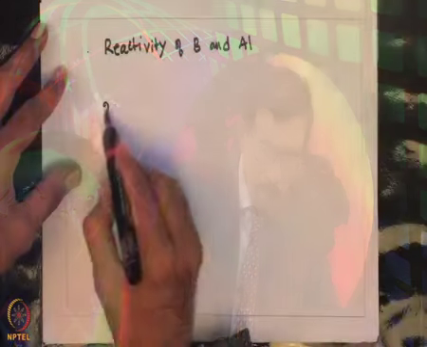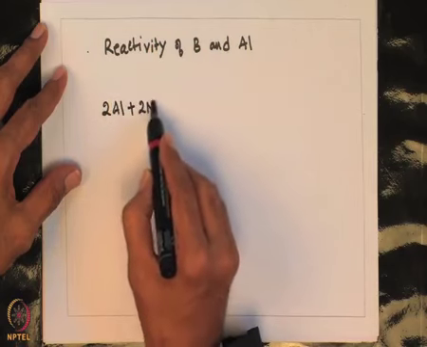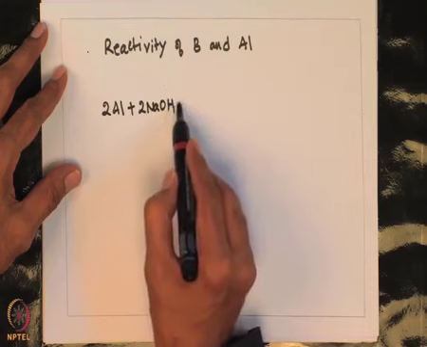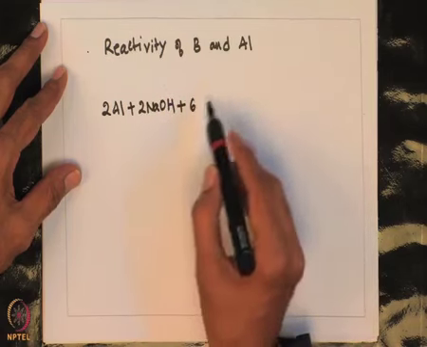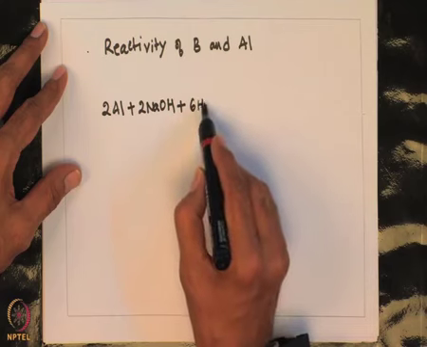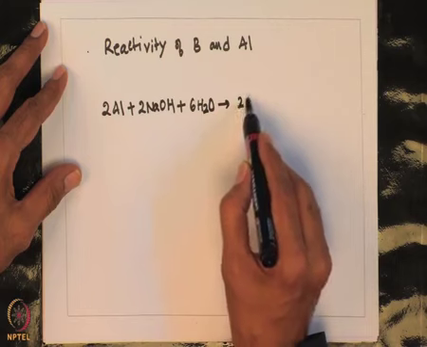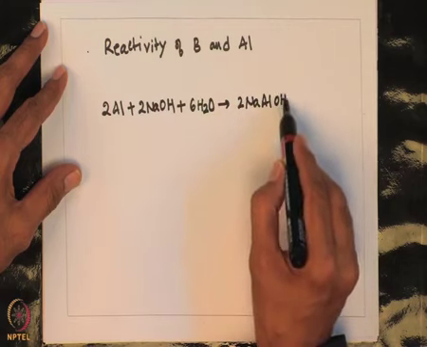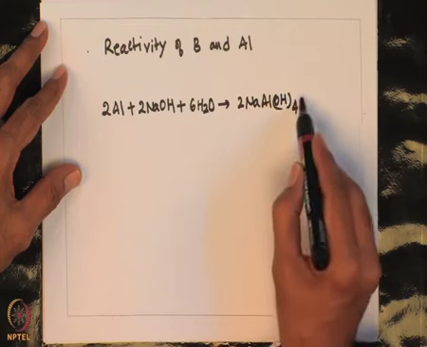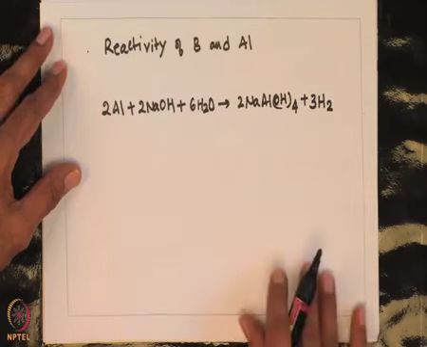For example, if you take aluminum and treat with sodium hydroxide, initially it gives insoluble aluminum hydroxide, but on treatment with excess it forms Na[Al(OH)4] with the liberation of hydrogen gas.